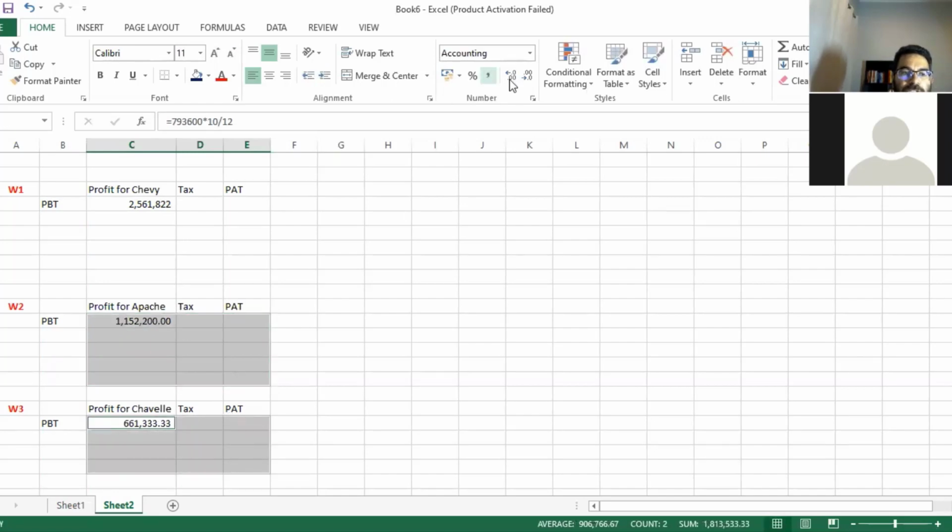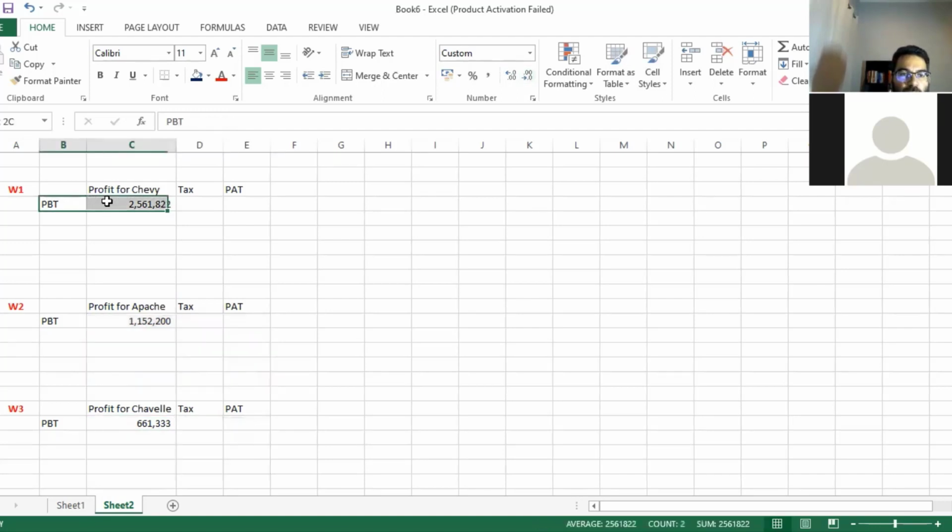If we think in terms of that approach, starting point, end point, what is my starting point? 100% of the parent and 100% of the subsidiaries, based on the trial balances as at the end of the current year. So in my starting point, I would have the profit before tax of Chevy, APAC, and Chevelle, 100%, based on the current year trial balance.